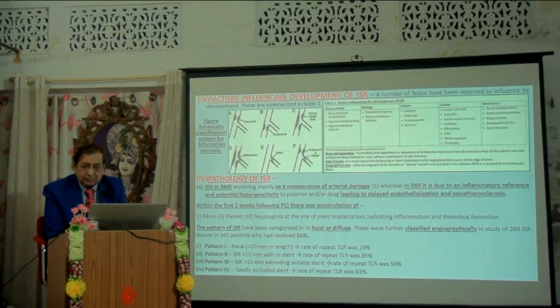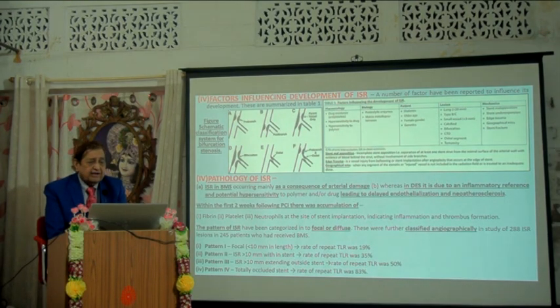And one more, which I forgot to discuss, geographic miss. What is it? When any segment of the stenotic or injured vessel is not included in the radiation field or is treated to an inadequate dose, it is called geographic miss.